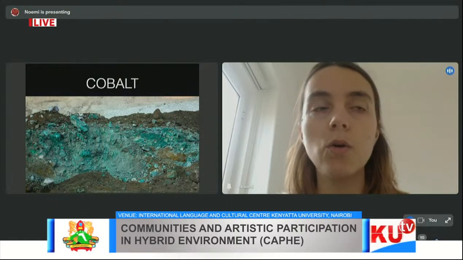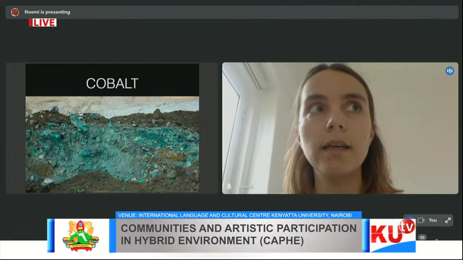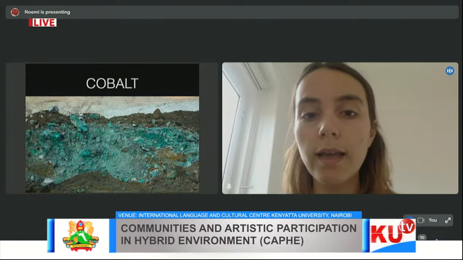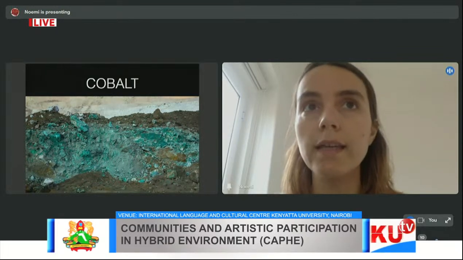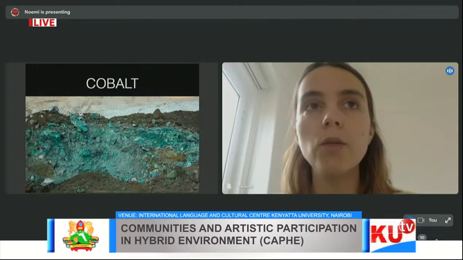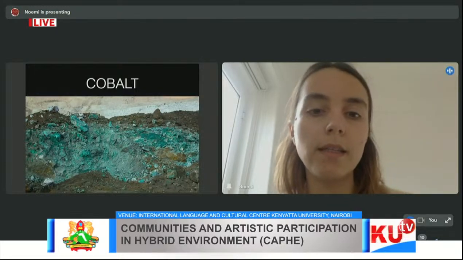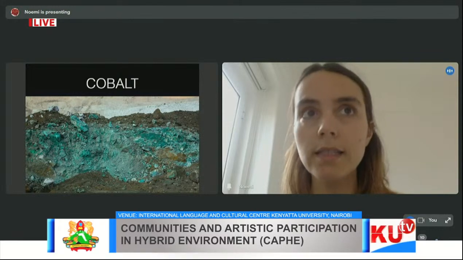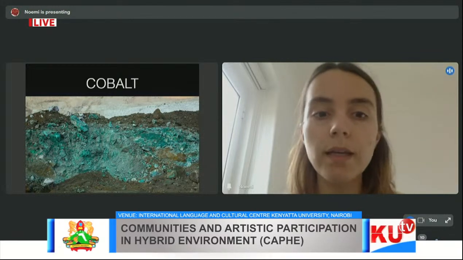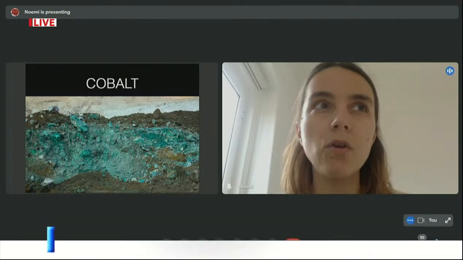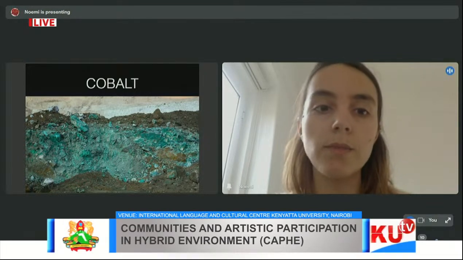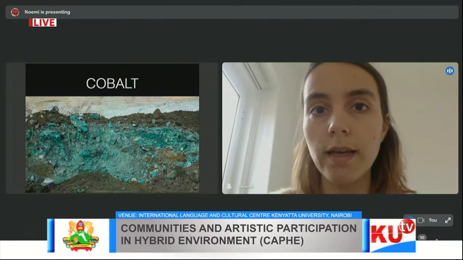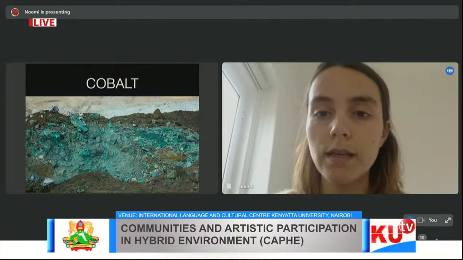And that's because cobalt is one of these components that can hold the high temperature very well, and the appearance of the mineral will not disappear or change with the high temperature, because porcelain, you need to fire it from 1280 degrees on, and at this temperature some of the minerals might disappear, or maybe the color will not be as intense as it should be. But this doesn't happen with cobalt, and that's why it has been profoundly used within the art history, and especially within the ceramics history decoration.